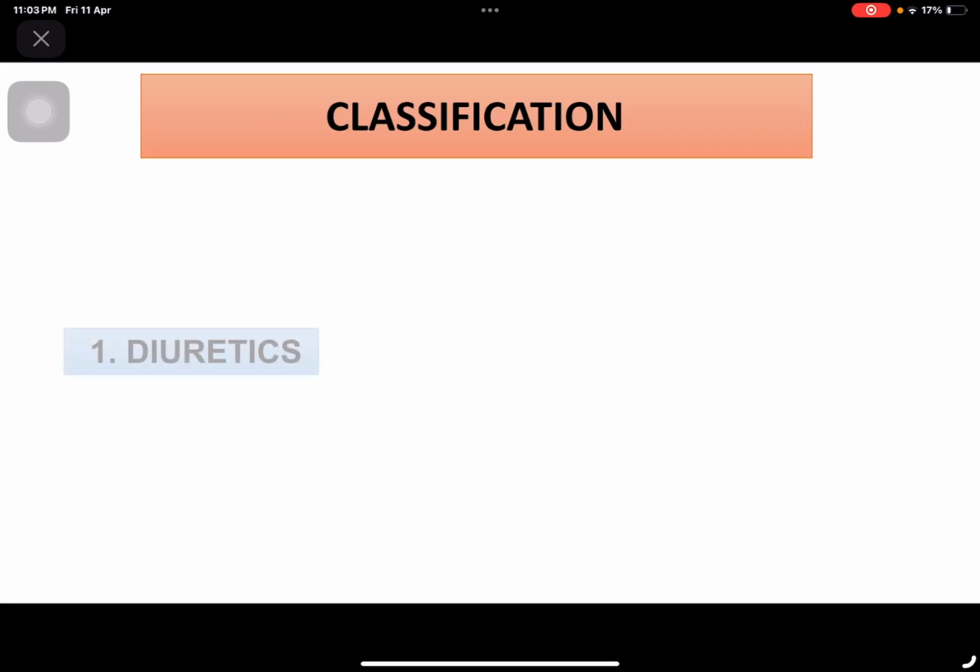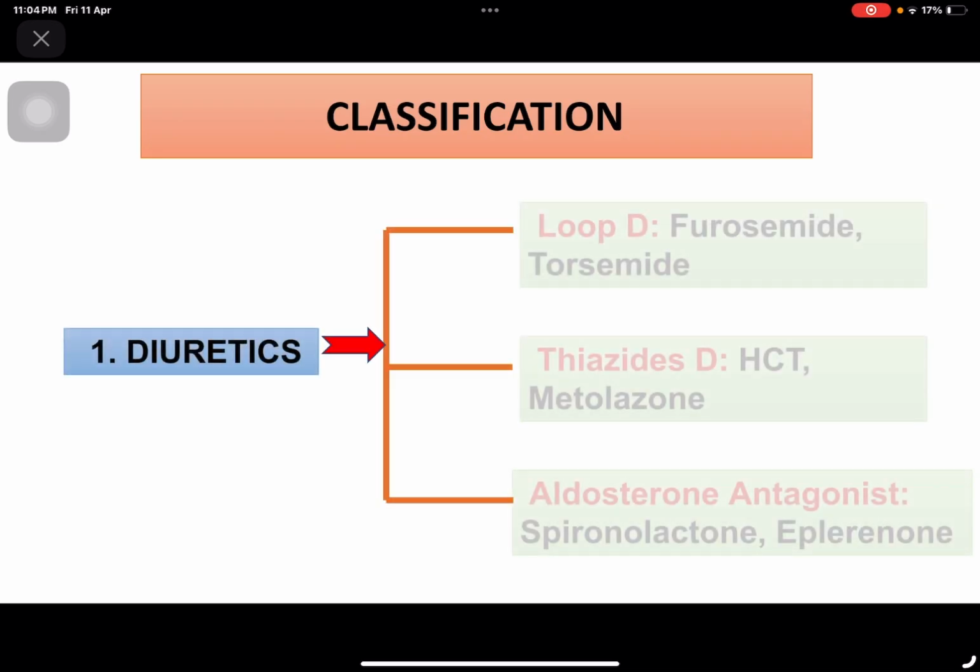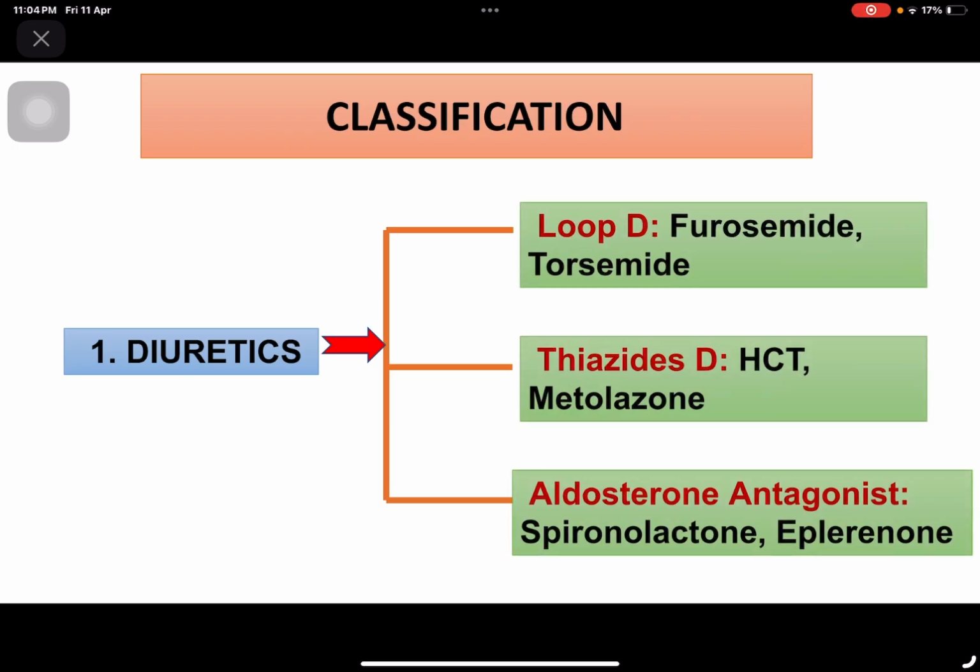So, classification. First of all, diuretics. There are three classes: loop diuretics, thiazide diuretics, and aldosterone antagonists. These three are the most commonly used drugs for cardiac failure.